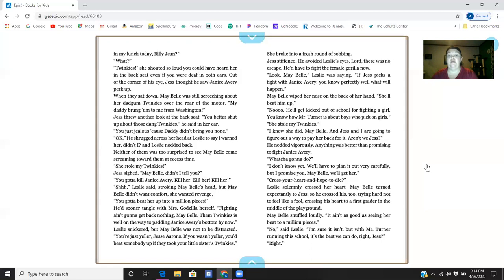Leslie solemnly crossed her heart. Maybelle turned expectantly to Jess, so he crossed his too, trying hard not to feel like a fool. Crossing his heart to a first grader in the middle of the playground. Maybelle snuffled loudly. "It ain't as good as seeing her beat to a million pieces." "No," said Leslie, "I'm sure it isn't. But with Mr. Turner running this school, it's the best we can do. Right, Jess?" "Right."